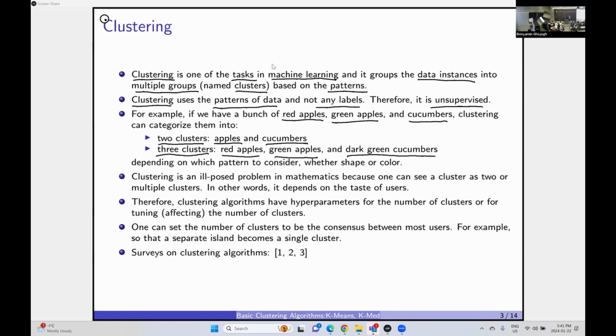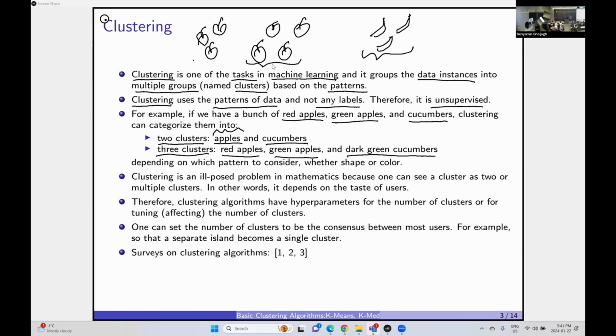Basically, I'm dividing the cluster of apples into two subclusters based on their color. So basically, if we assume in the space apples are here and cucumbers might fall here in the space, right? But if you look at the apples closely, you will see that. Can you guess the colors of these points that I just drew? Okay, of course, these are green, because these are cucumbers, right?